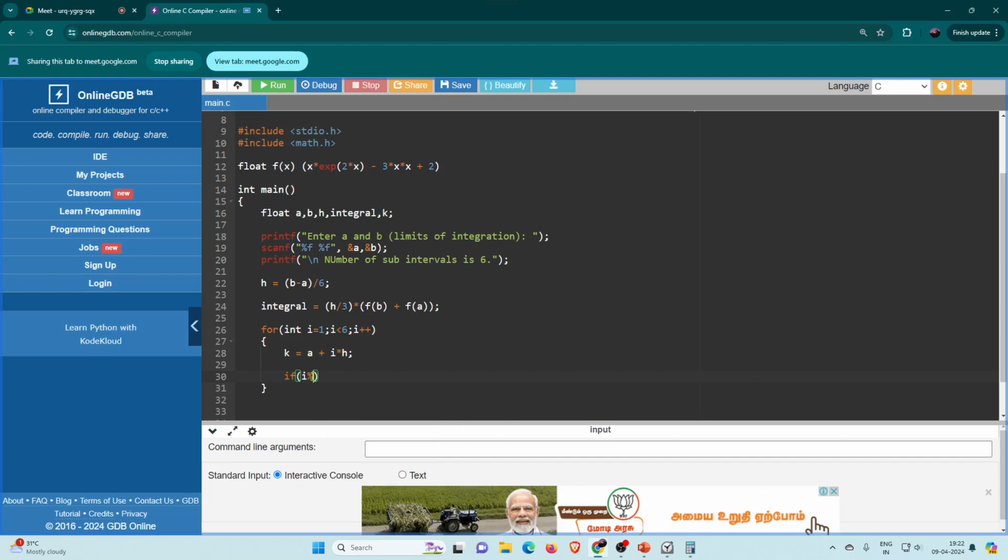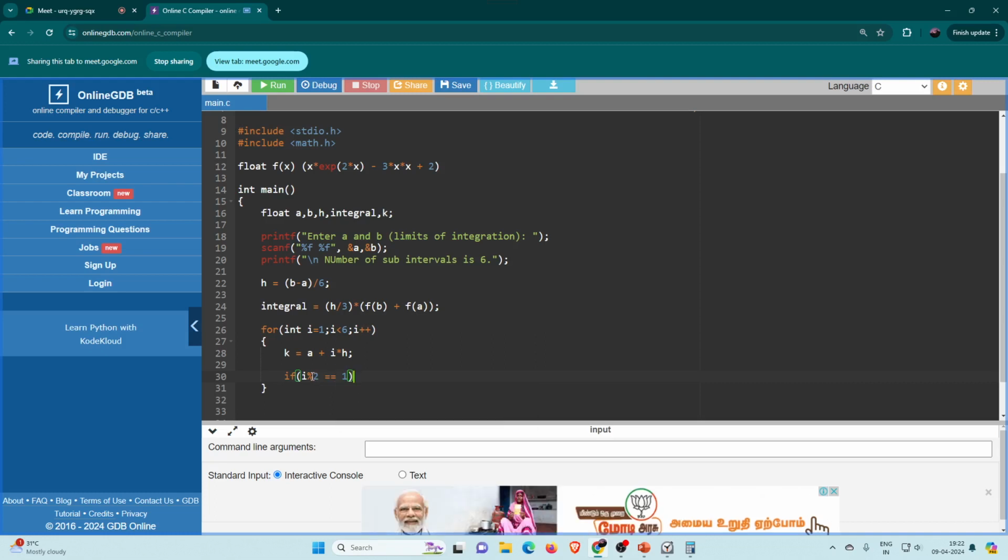So if i mod 2 is equal to 1, I mean I can say not equal to 0, or I can say equal to 1, because you will only get two types, right? So it doesn't really matter.